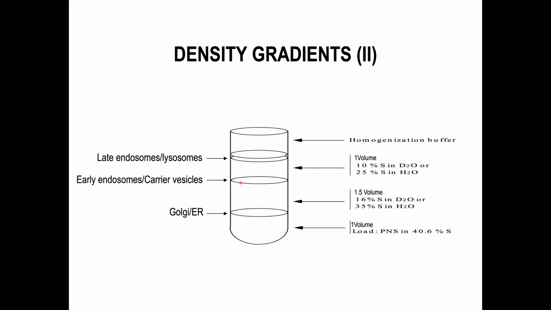That means you have now different layers of density, and when you put such a tube in a swing-out rotor and centrifuge it, organelles will accumulate at these interfaces of these different sucrose solutions. So Golgi and ER membranes would accumulate in the first interface, early endosomes, carrier vesicles at the second interface, late endosomes and lysosomes here rather on the top of the gradient.